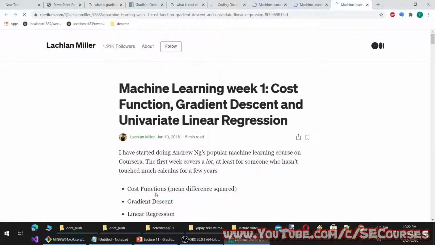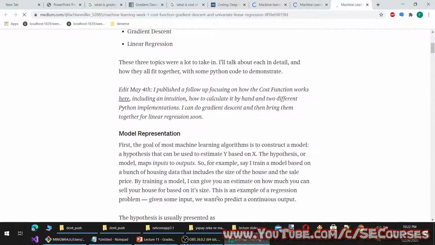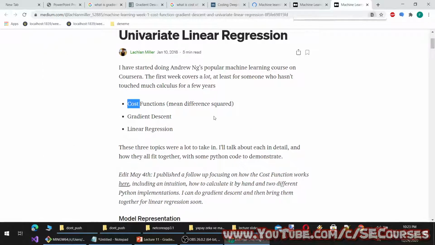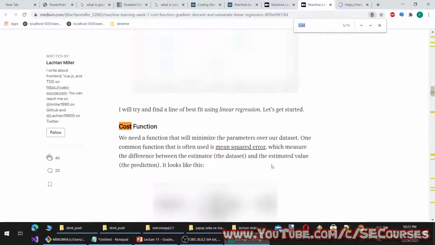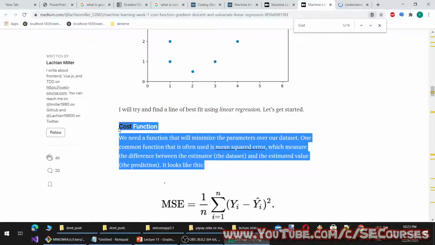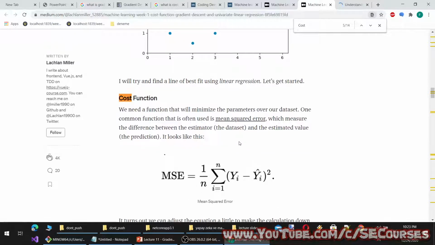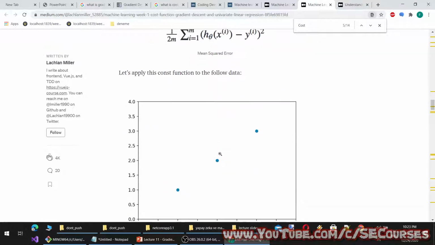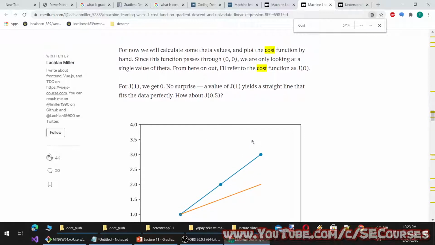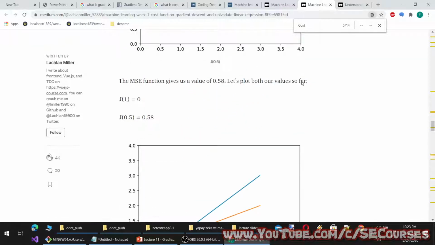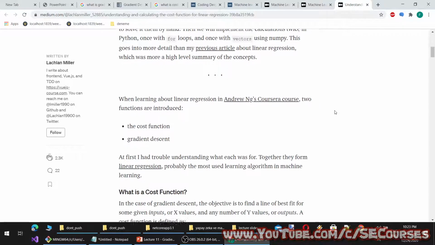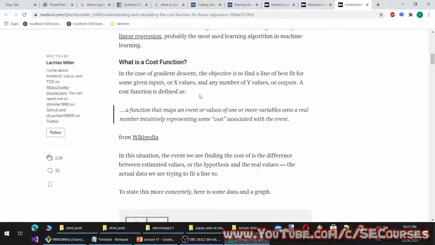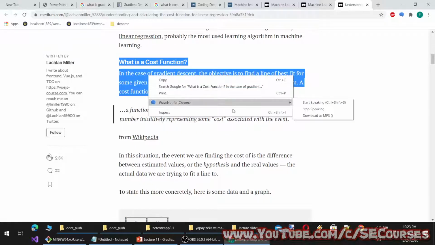Okay, so cost functions, you see mean, difference, squared. Okay.